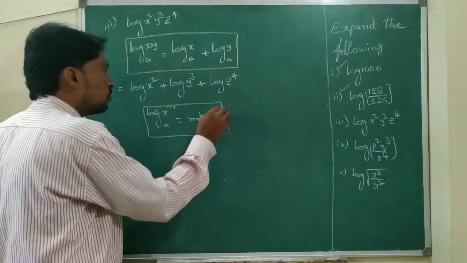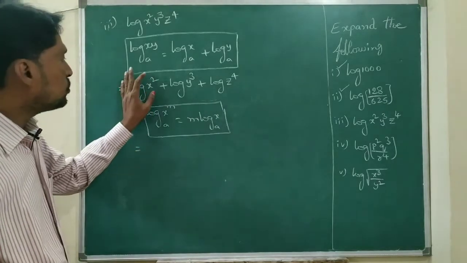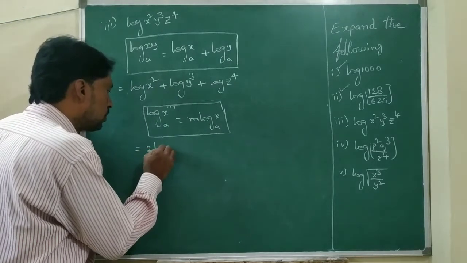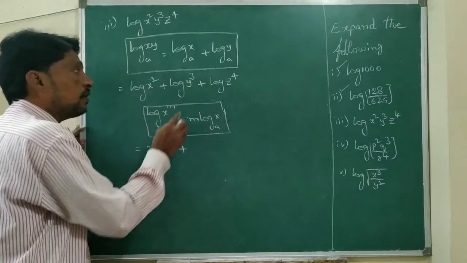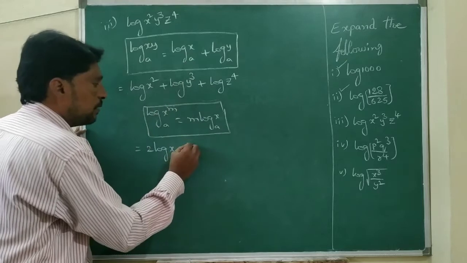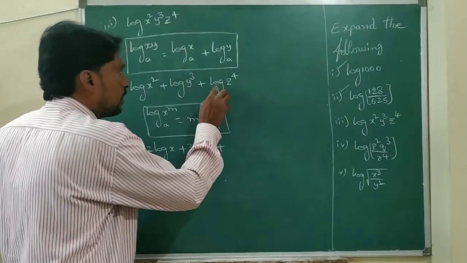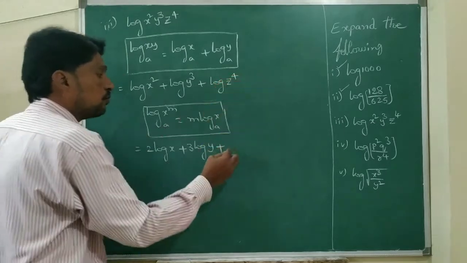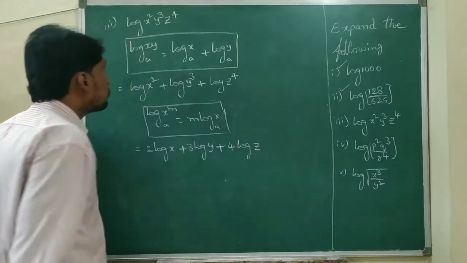In the first, log x square, m is 2, so 2 log x, plus log y cube, where m is 3, so 3 log y, plus log z power 4, where m is 4, so 4 log z.